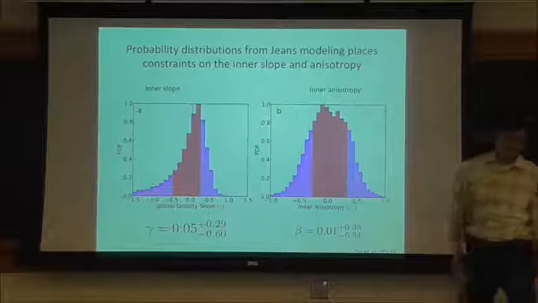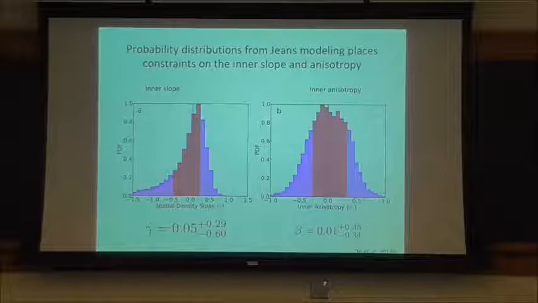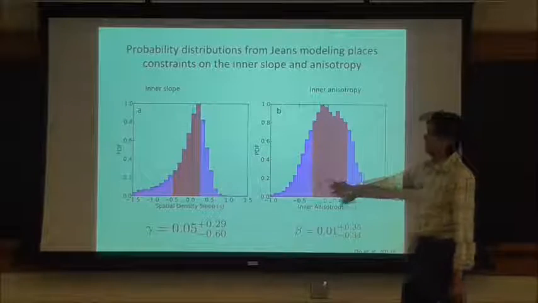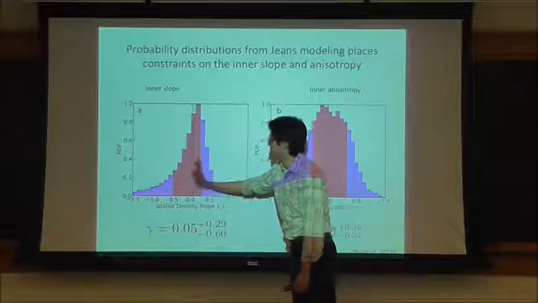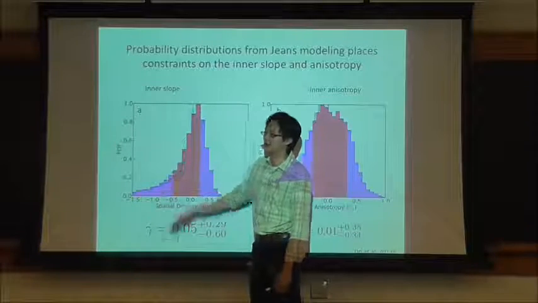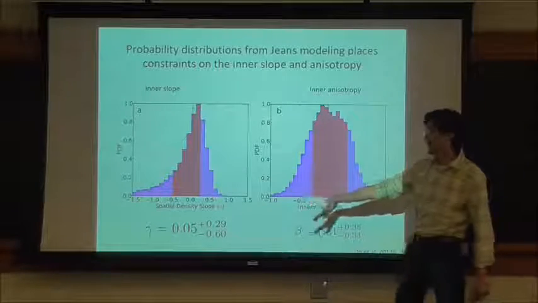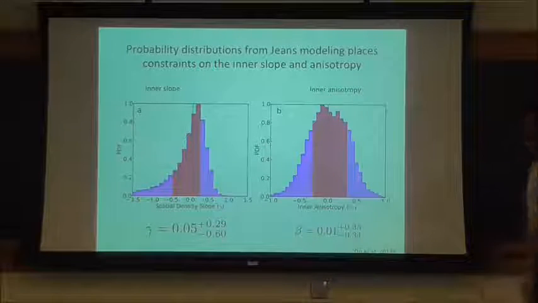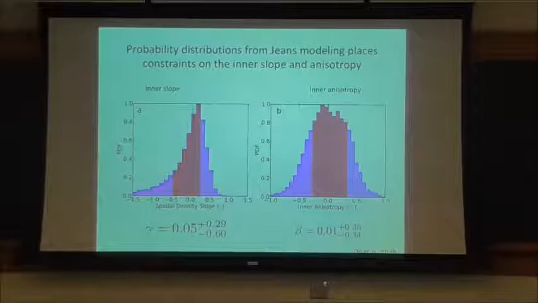If you keep the orbits isotropic, does that break this degeneracy completely? If you force velocity anisotropy, this shifts up a little bit and cuts off a lot of the tail. The answer is still consistent within 1 sigma between the two, but it's not consistent with 7/4. Yeah, I think we can rule that out pretty strongly.